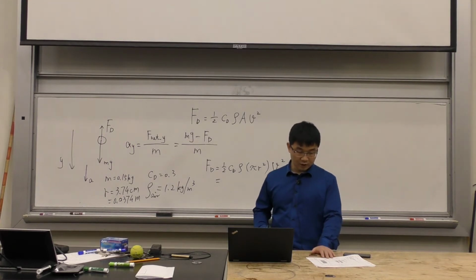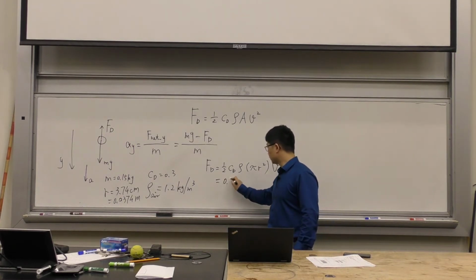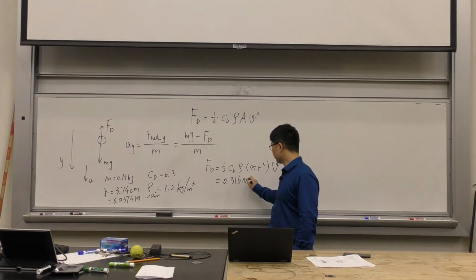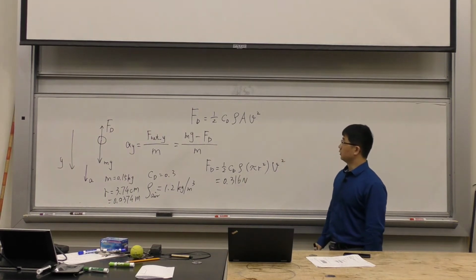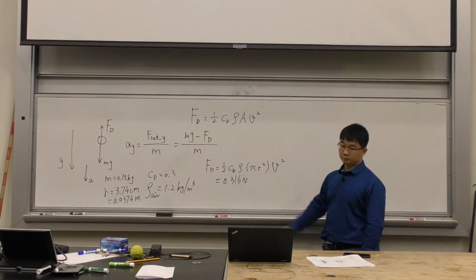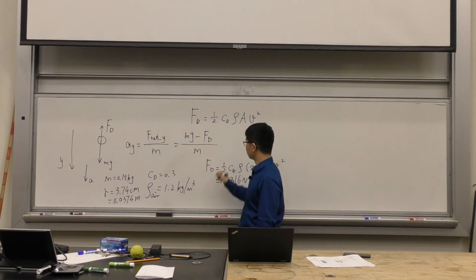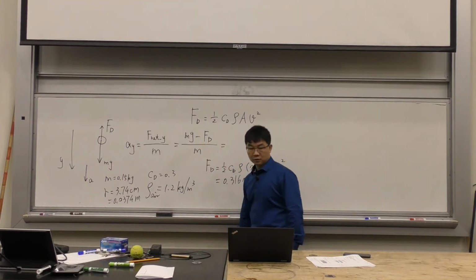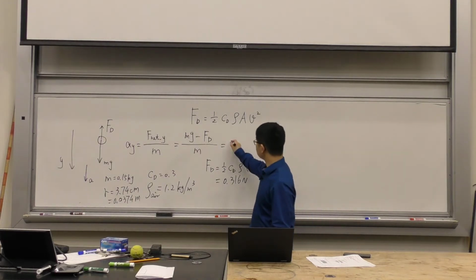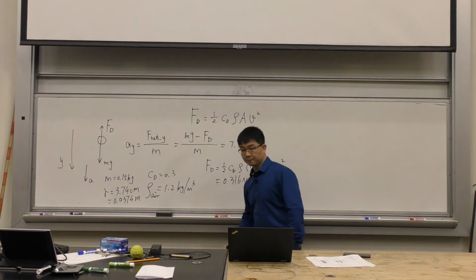The drag I got is 0.316 newtons. All right, so now you can plug all these numbers into Newton's second law, rearrange it. What is the acceleration you found? The acceleration I found is going to be 7.7 meters per second squared.